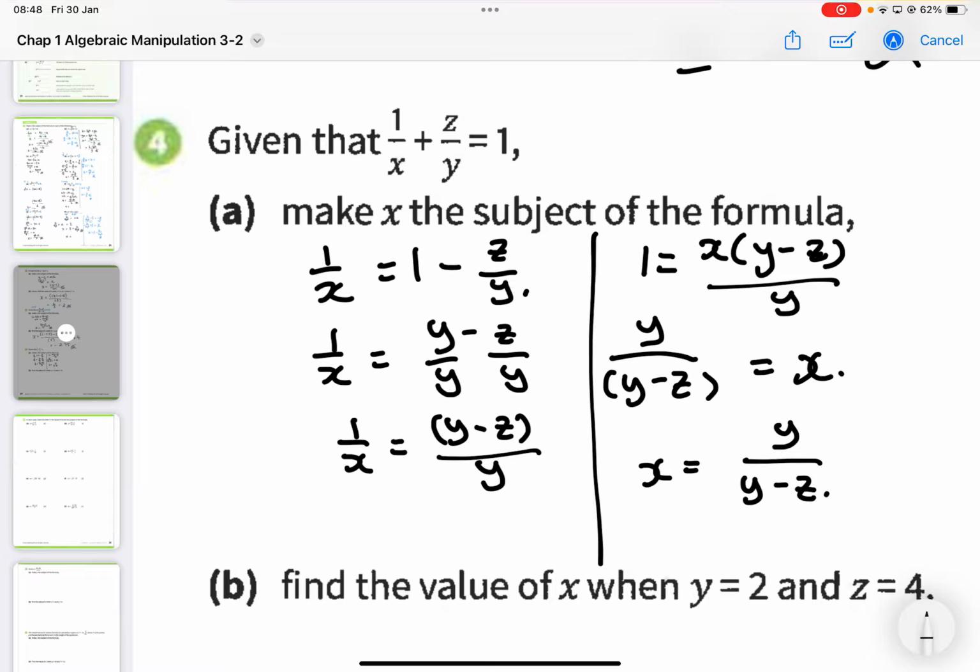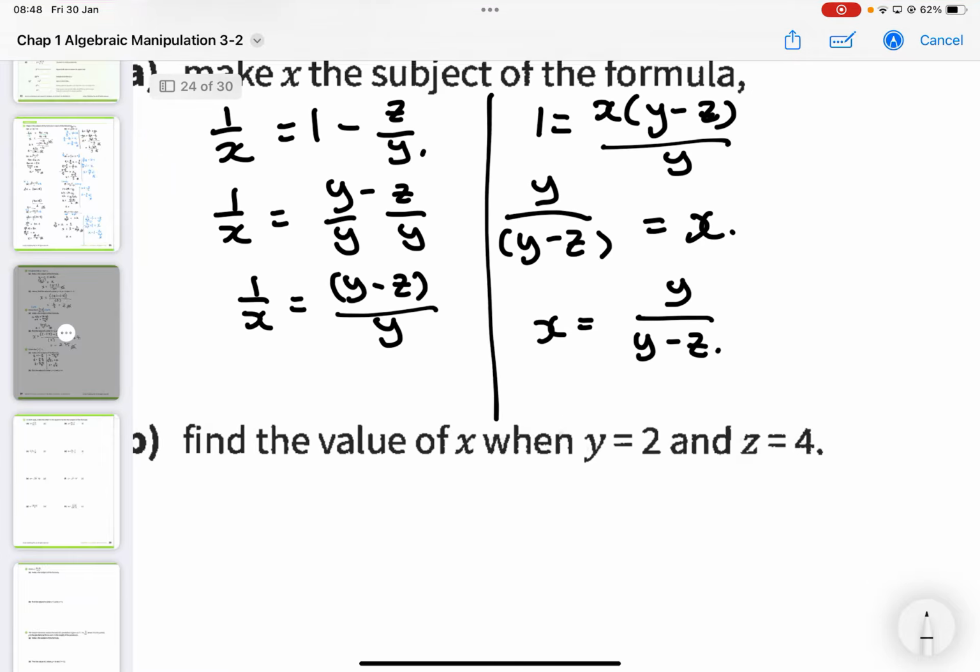X is in the denominator, I don't want it to be the denominator, so I multiply. Then after that, if I want to cancel the y, I multiply y. I want to cancel the y minus z, I divide by y minus z. Can already.